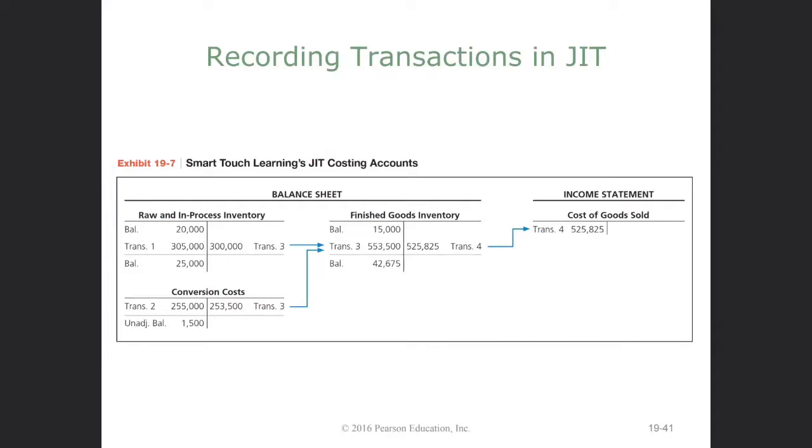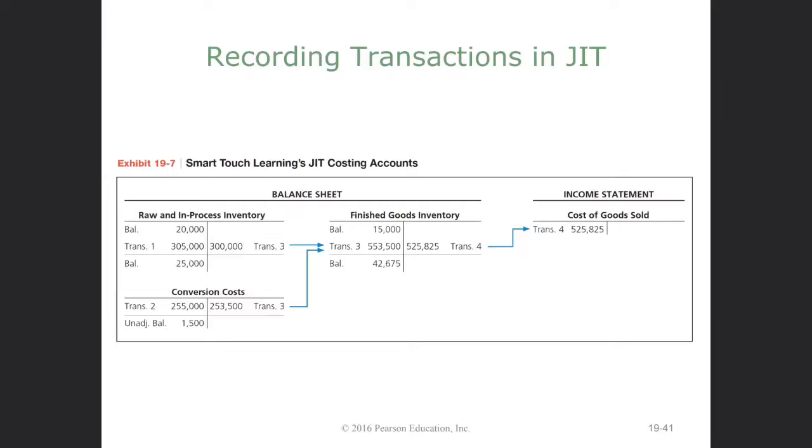So here we have recording transactions in just-in-time costing accounts. So we've got our raw and in-process inventory account, which is located in our balance sheet. Finished goods inventory is in our balance sheet, and conversion cost. When we look at our raw and in-process inventory account, we started out with $20,000 in there.